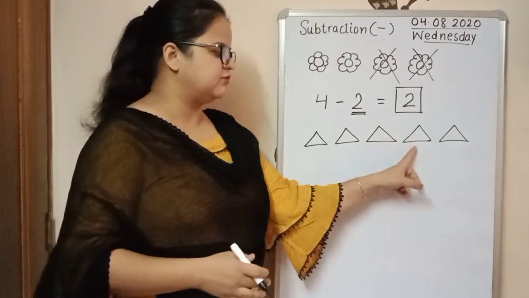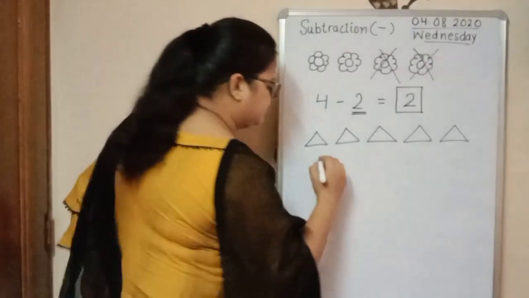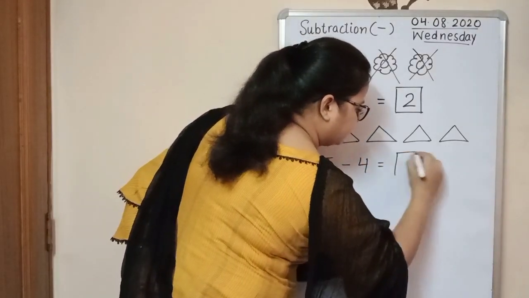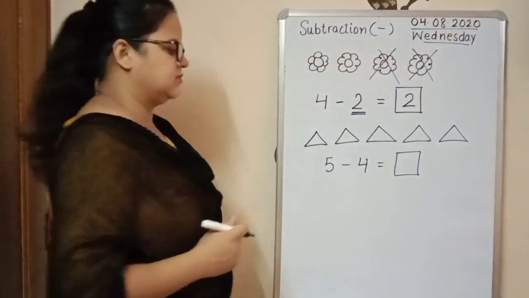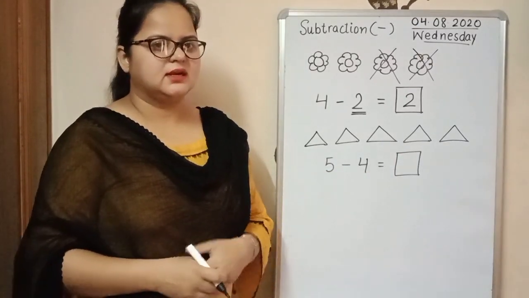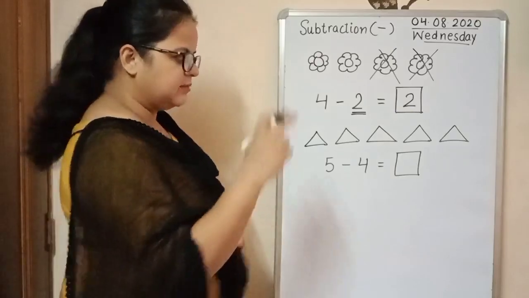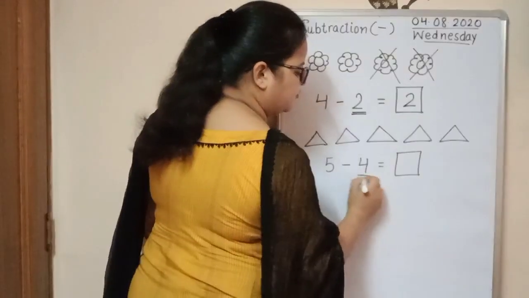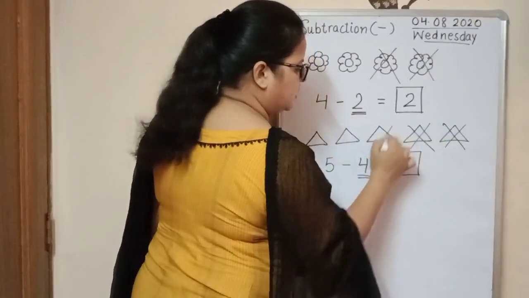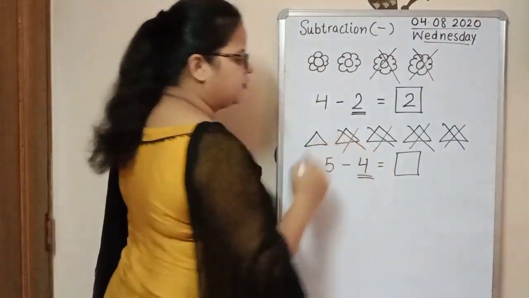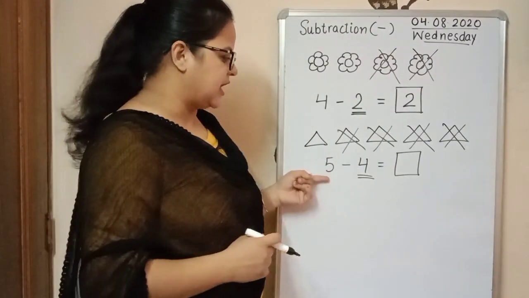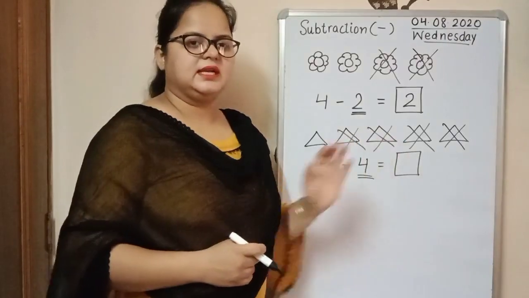And we have to do this. 5 minus 4 is equal to, if 4 is taken out of 5, then let's start making cross on 4 triangles. 1, 2, 3, 4. On how many triangles do we have to make a cross? 4, because we have to take out 4 from 5.